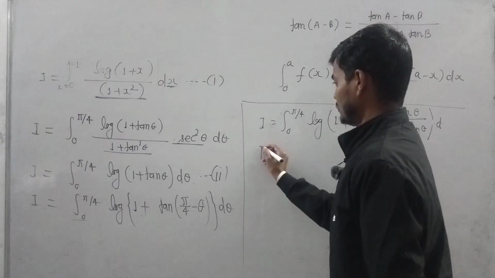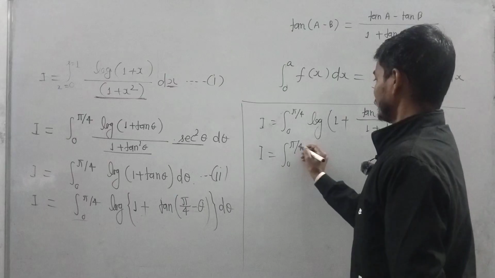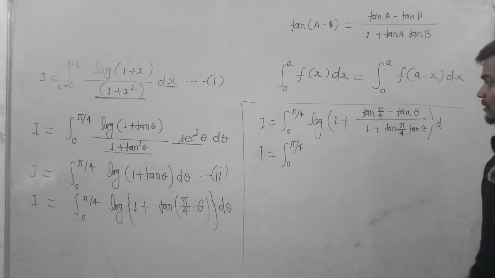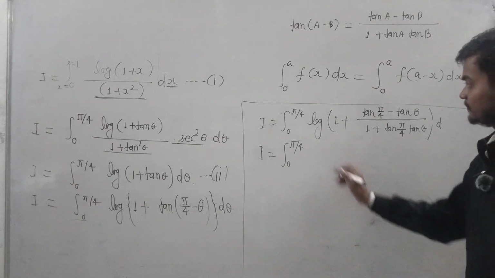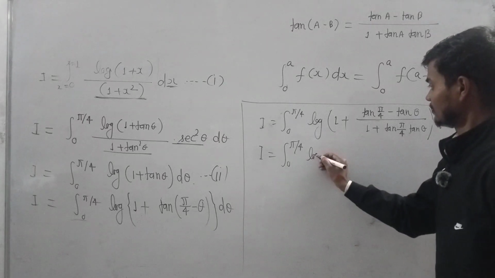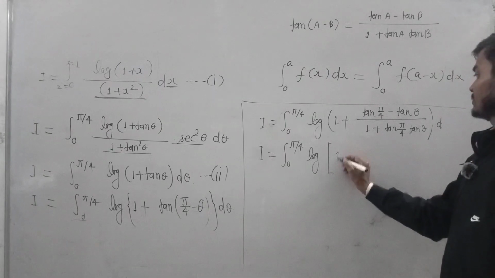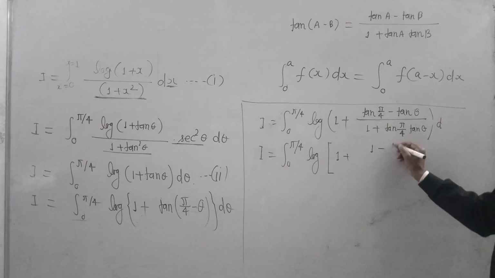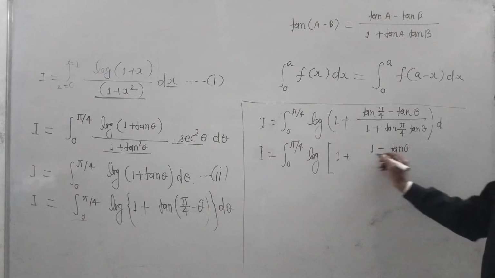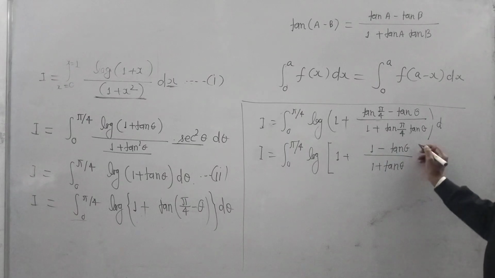Now I is equal to 0 to pi by 4, I hope you understood easily, log of 1 plus, 1 minus tan theta upon 1 plus tan theta, where the value of tan pi by 4 is 1.